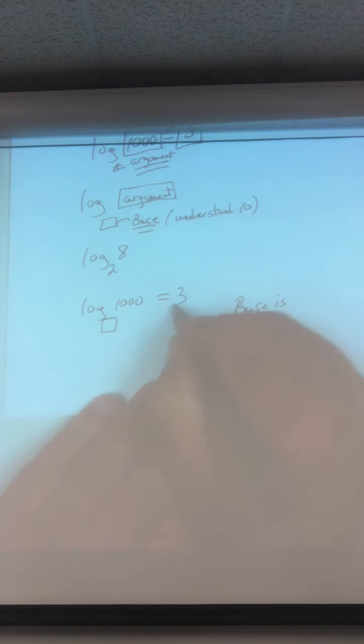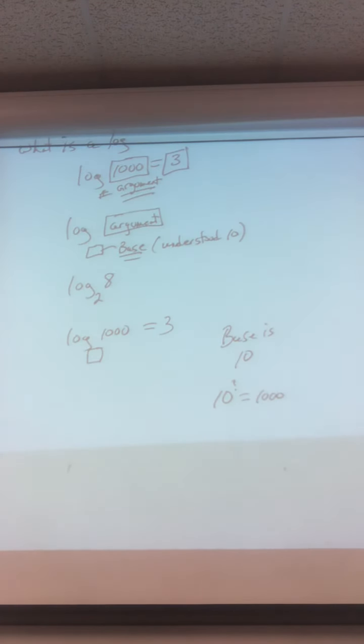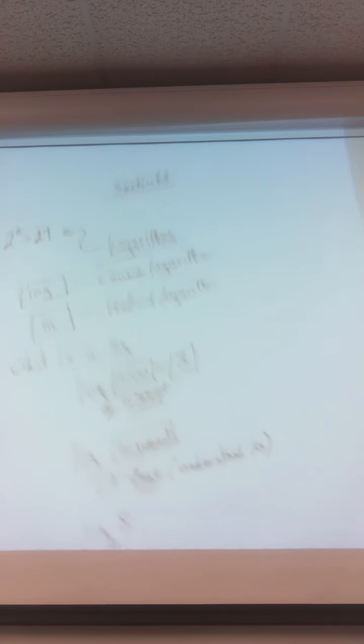Well, it would be 3. That's where that 3 comes from. So that's how that is worked. Okay. Now, I will show you why in just a few minutes, but let me talk about this argument and base for just a second longer.